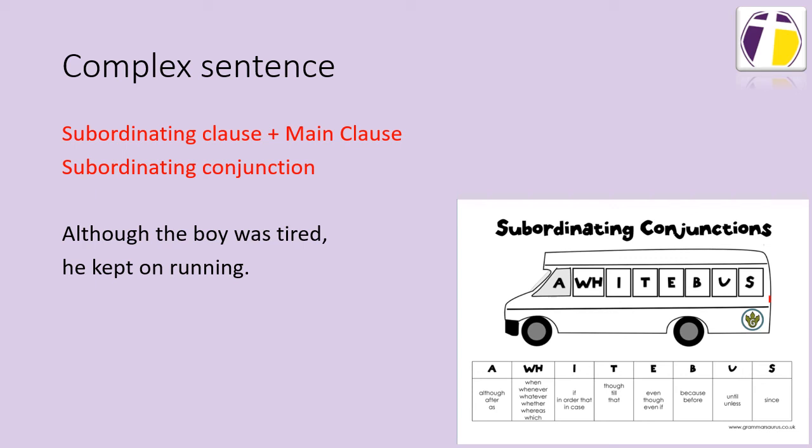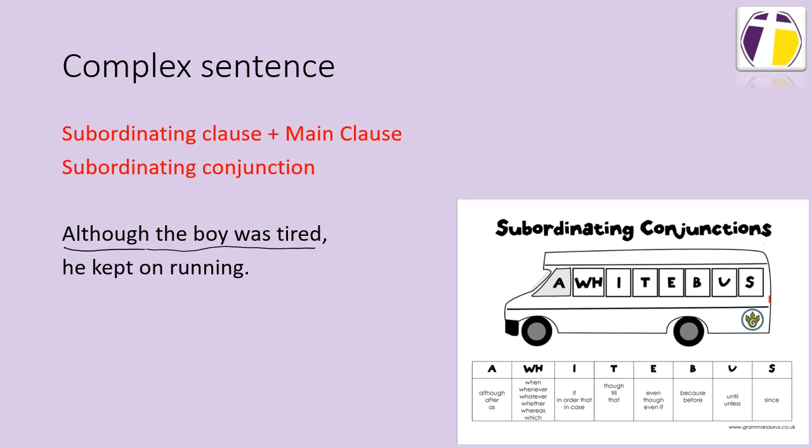We must have a subordinating conjunction at the beginning of our subordinate clause. Although the boy was tired, he kept on running. This is an example of a complex sentence because although is our subordinating conjunction, which then tells us that this is our subordinate clause.